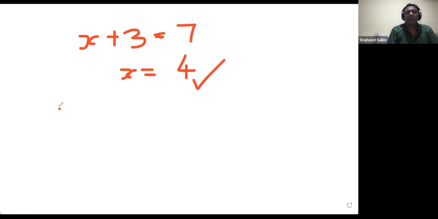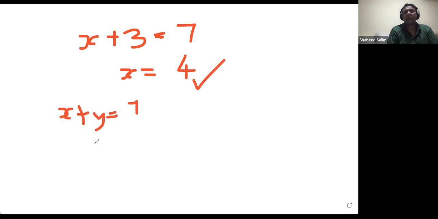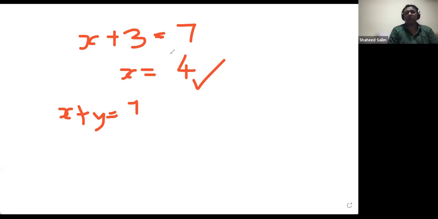But now you have, let's say, x plus y equals 7. Let's say you bring the y over there, you still don't know what is x. You bring the x over there, you still don't know what is y. So how? Now they give you two equations. So let's have a look. They give you these two equations.